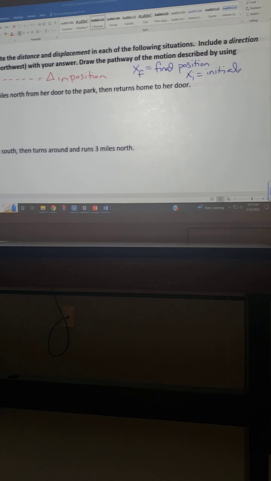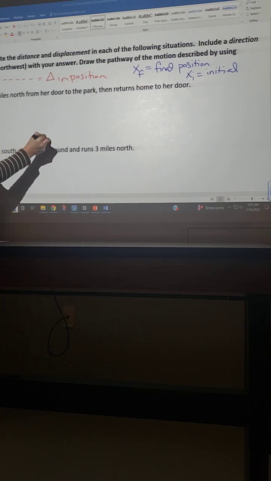We're going to use dots to show where we're starting, and then arrows to describe and show the motion. So it says, Tasia walks 2 miles north from her door to the park, then returns home to her door.